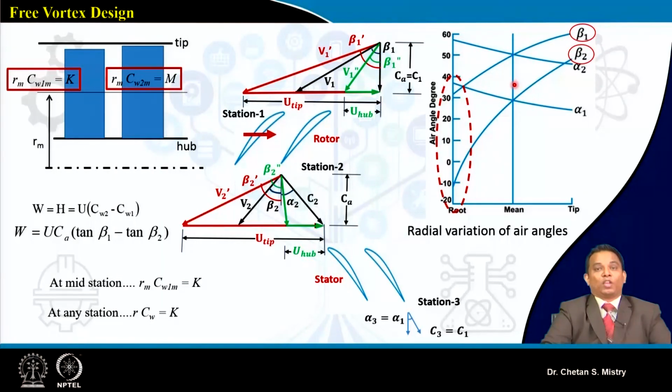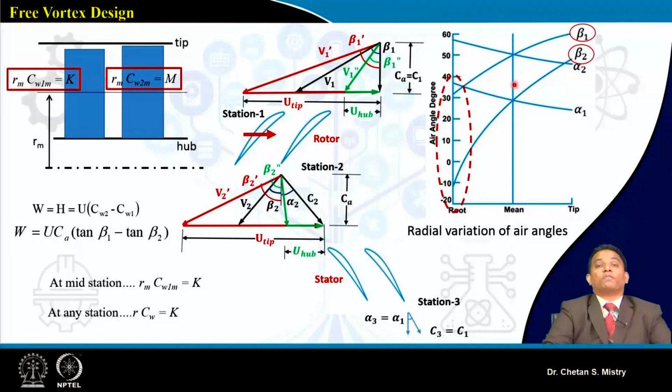So you can understand, what we started discussing is that we have taken two approaches where we have assumed our stagnation enthalpy to be constant throughout the span, and an arbitrary variation of the whirl component.